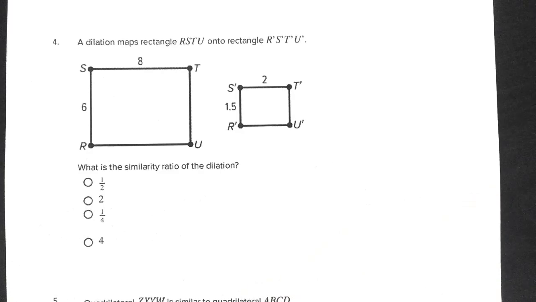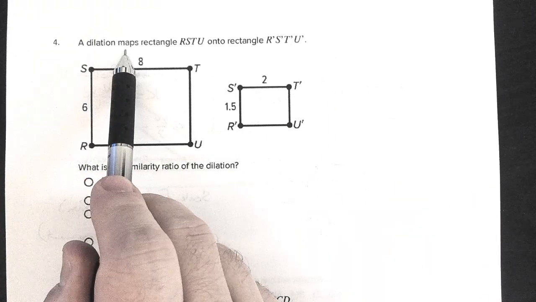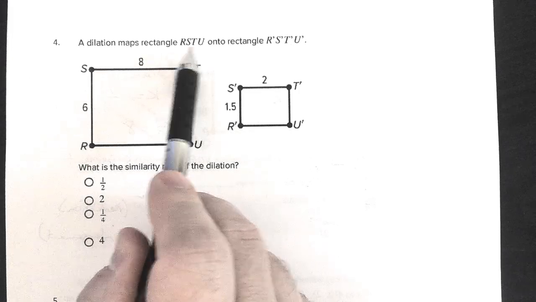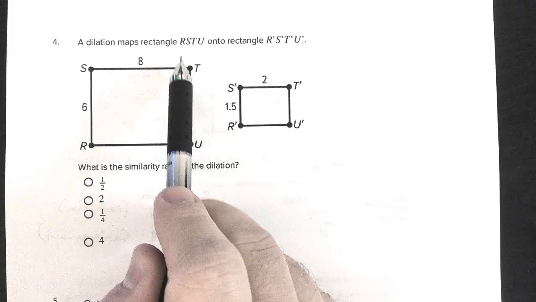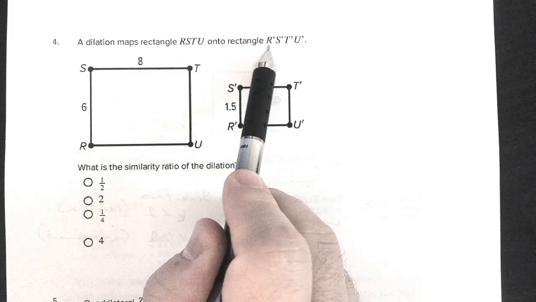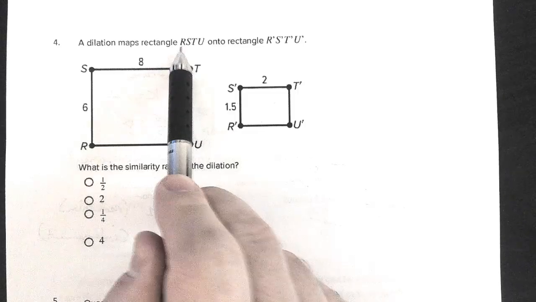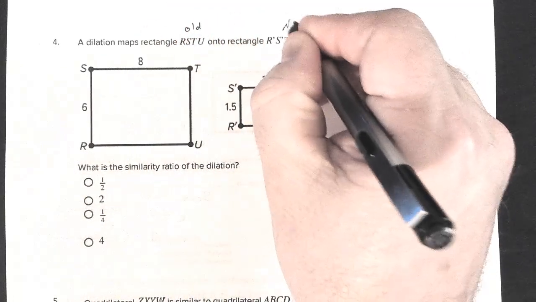Unfortunately, that's me. So number 4. A dilation maps rectangle RSTU onto R prime, S prime, T prime, U prime. It doesn't say from and to, but anytime you have the prime, this is where you start, this is where you go. This is your old, this is your new.